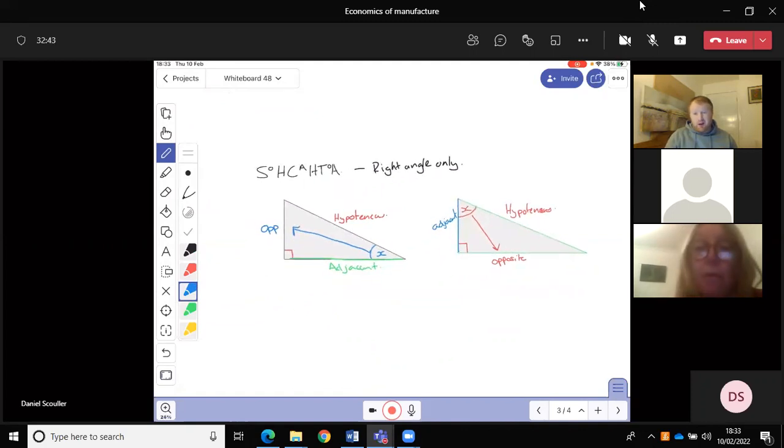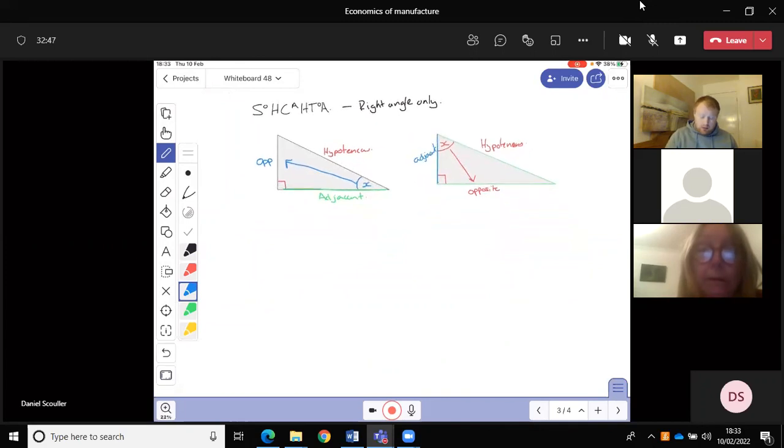Okay, and the way I write it out is a wee reminder as well. So SohCahToa breaks down into sine of the angle, and I'll just use theta. That's the Greek letter theta, the circle with a line through it. That's often used for angles, but you can use anything you want in there.